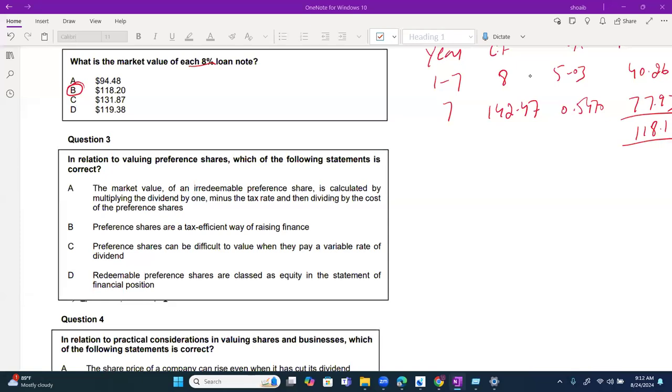The market value of an irredeemable preference share is calculated by multiplying the dividend by 1 minus the tax rate. No. There is no tax in the preference share. You will not deduct the tax in the preference share. Preference share is a tax efficient way of raising finance. No. Preference share can be difficult to value when they pay a variable rate of dividend. Redeemable preference share are classed as equity in the statement of financial position. C is the correct answer. बाकी सारे wrong.